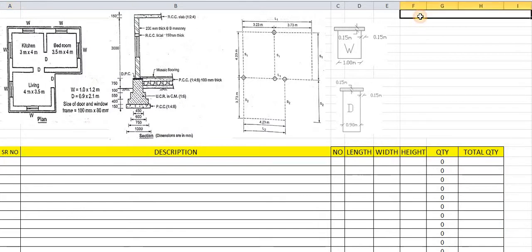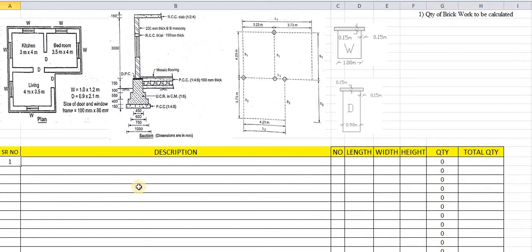So most important, we will find out the quantity of brickwork. Here I am writing down: the quantity of brickwork to be calculated. So in today's lecture we will find out only one quantity, that is the quantity of brickwork, because it takes time to calculate the quantity of brickwork.